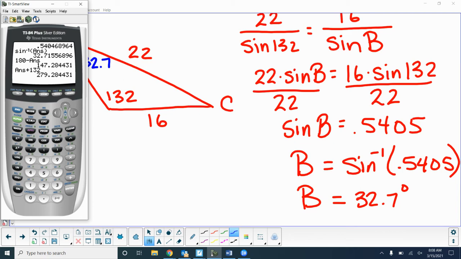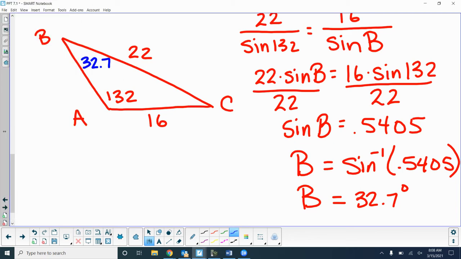If this answer, this 279, was less than 180, then I would know there's a second triangle I've got to figure out. So that's the steps to check to see if there's a second triangle. I always do that first to see if I have that second triangle. But I've eliminated that possibility, so now I can finish up.